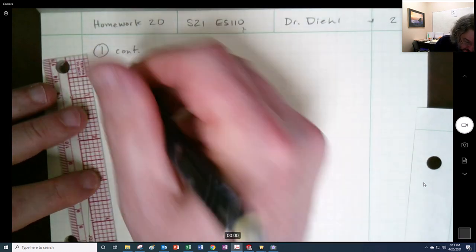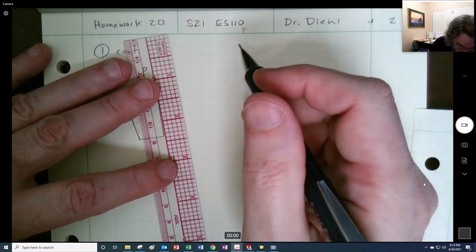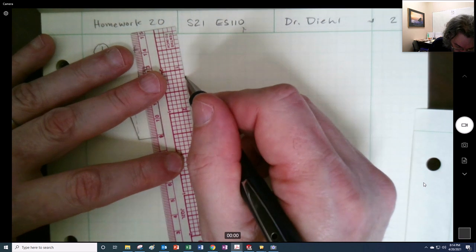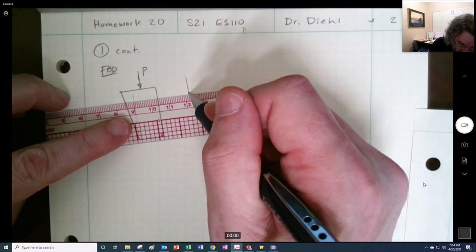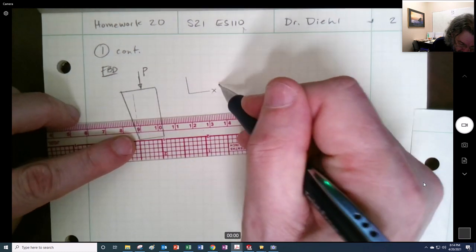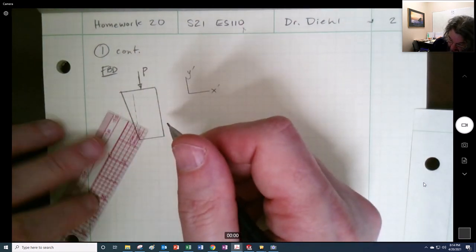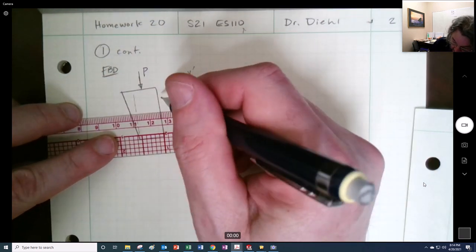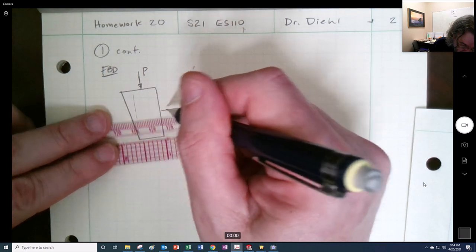This is P in here, and this is an FBD, so we got to write that down. And I think I am going to align this with the majority of the thing, so it's like this right here. I'm still going to call this the prime.